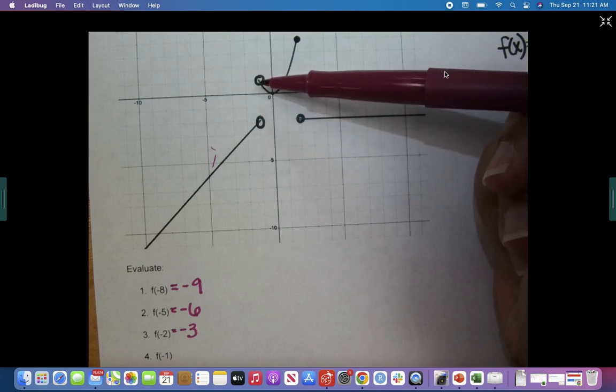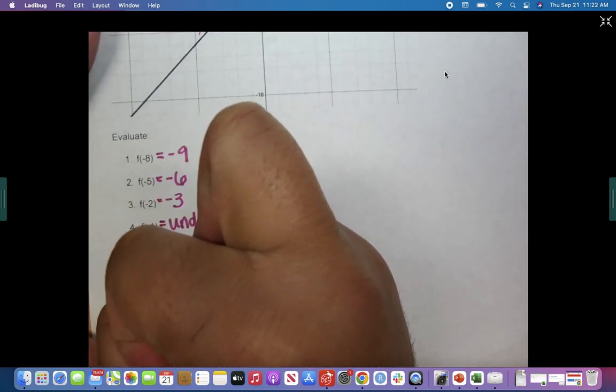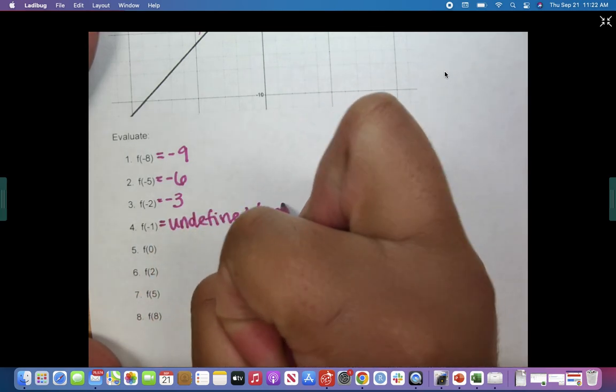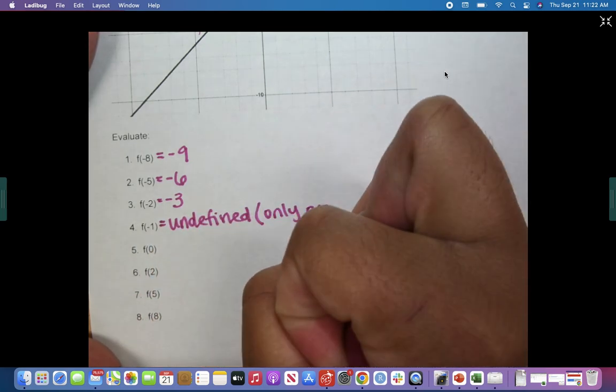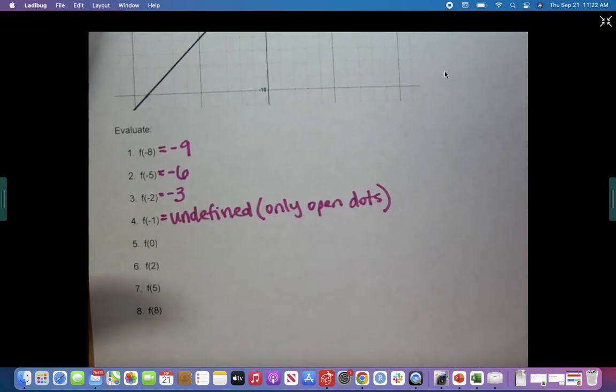So because there is no solid dot for -1, number 4, f of -1, is undefined. If you only have open dots for a value, then that is undefined.